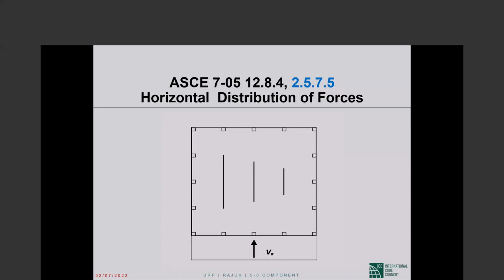If it takes 1 unit of force to impart unit interstory displacement to the frames, it takes 2 units of force to impart 1 unit of interstory drift to this shear wall. It takes 3 units of force to do the same thing to this shear wall and 4 units of force to impart unit interstory drift to that shear wall.